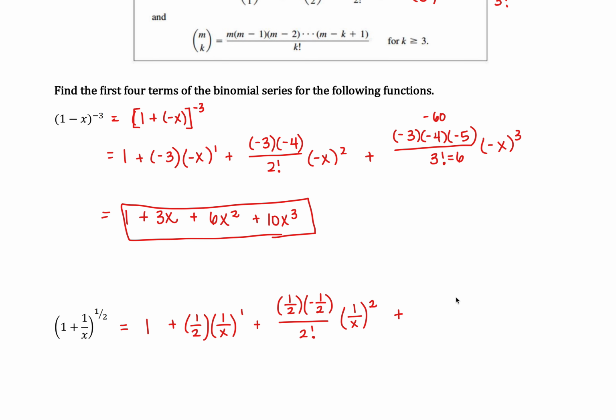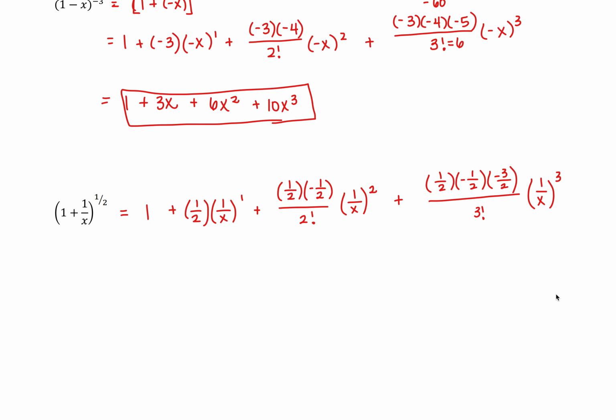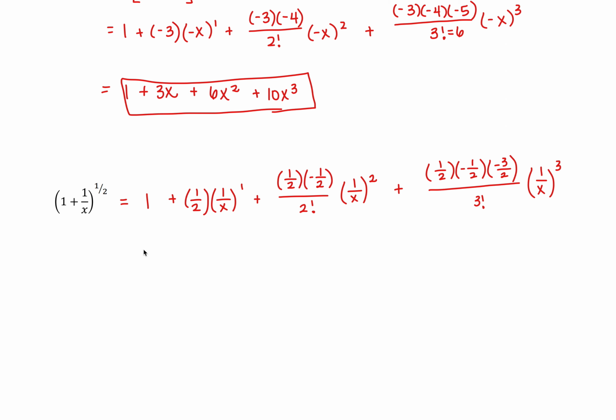And then for the last term, it's going to be 1/2, then negative 1/2, and then subtracting 1 again, negative 3/2 over 3 factorial, and then 1 over x cubed. So we have 1 plus 1 over 2x.